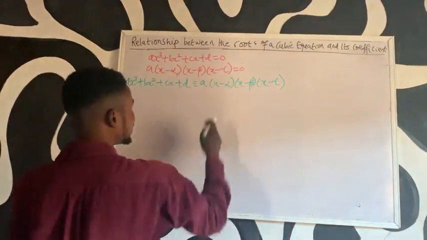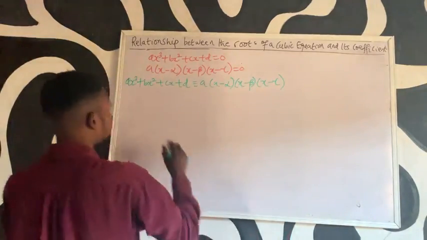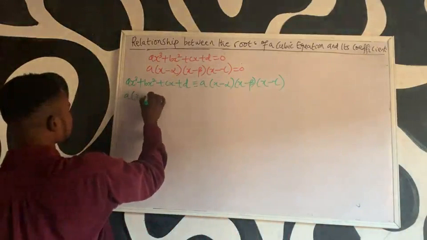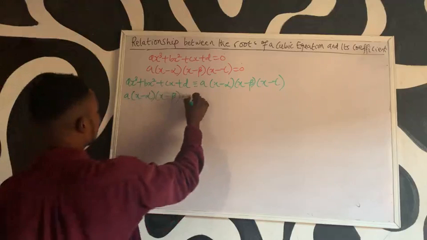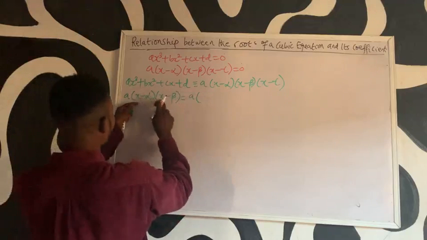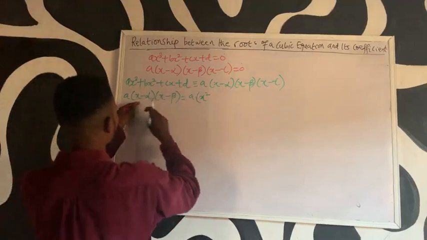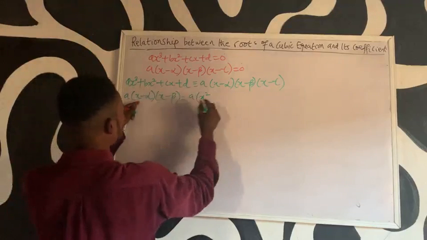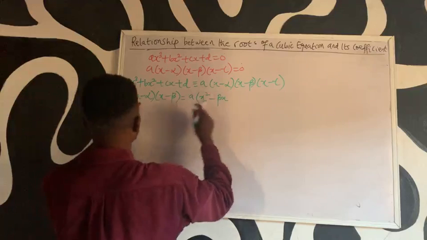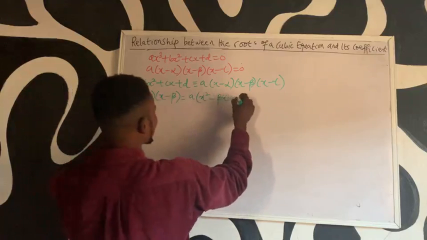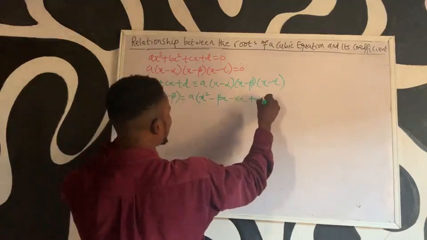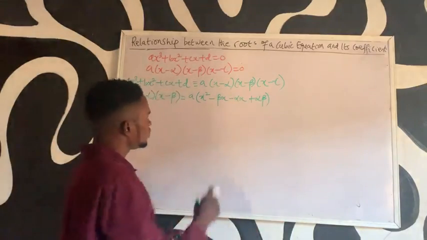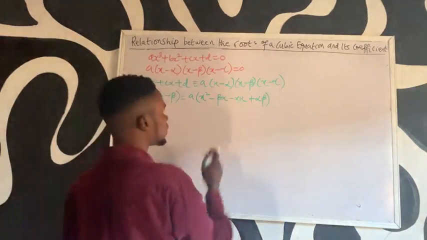For simplicity, taking two as the prime, a into bracket x minus alpha, x minus beta is the same thing as a into bracket x times x, x squared, x times minus beta, minus beta x, minus alpha times x, minus alpha x, minus times minus plus alpha beta. Now let's use that to multiply the last factor here.